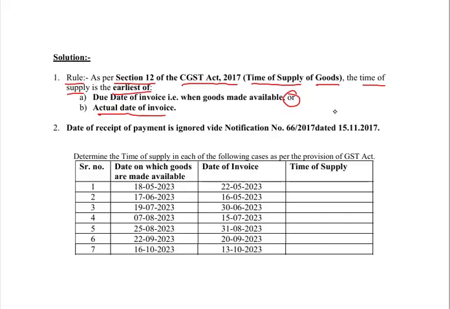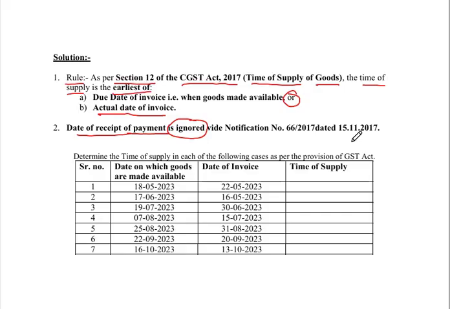One more point to be kept in mind is that the date of receipt of payment is to be ignored, due to the changes brought in by the notification, that is 66/2017 dated 15th November 2017.